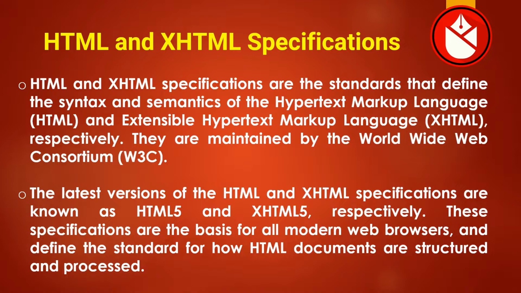The latest versions of the HTML and XHTML specifications are known as HTML5 and XHTML5 respectively. These specifications are the basis for all modern web browsers and define the standard for how HTML documents are structured and processed.